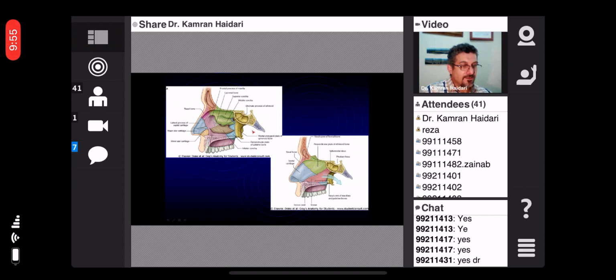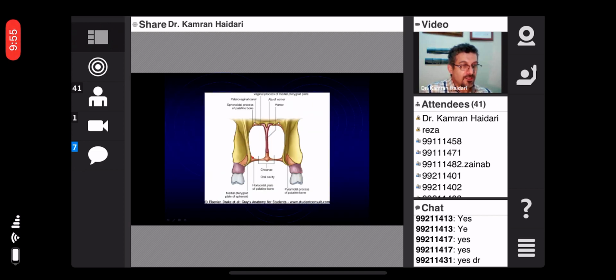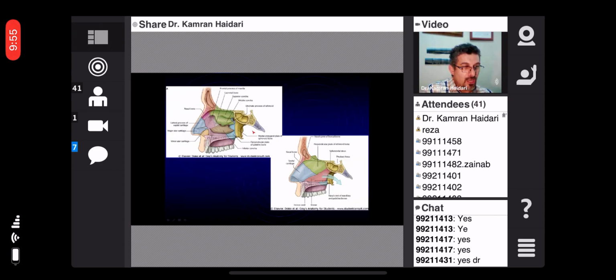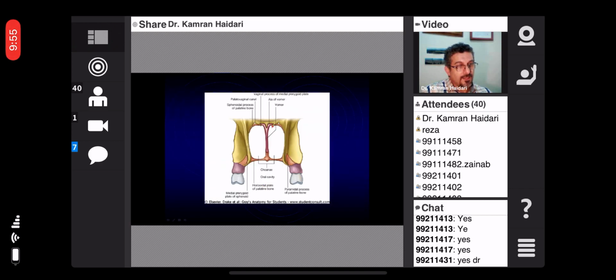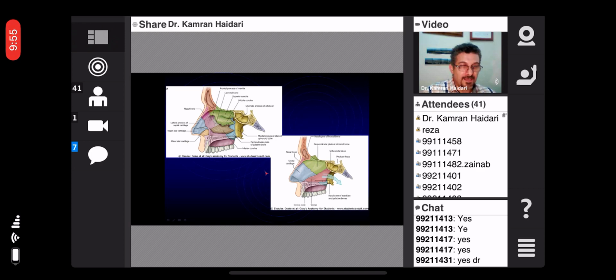All right, and in this picture we are taking a look at the nasal cavity from the choana. This is the choana, or posterior nasal aperture.